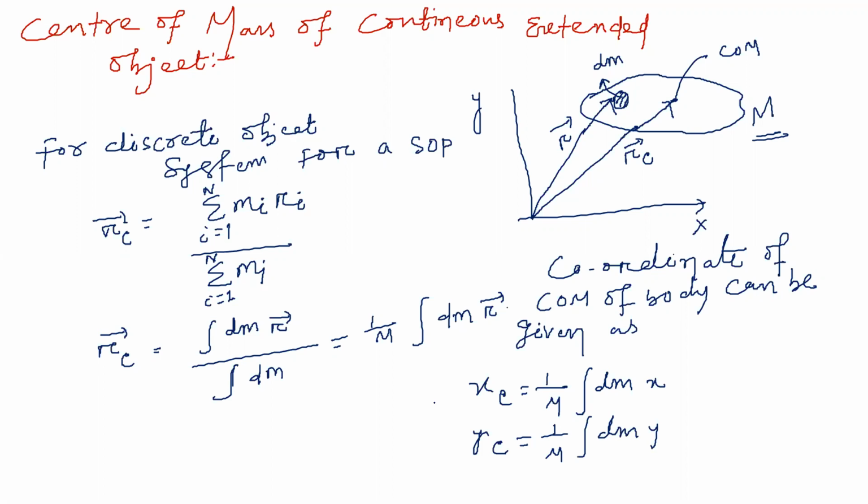So we can get the x coordinate and y coordinate. If required, we can write the z coordinate also. Just note it down, then we'll go for an example to understand it.